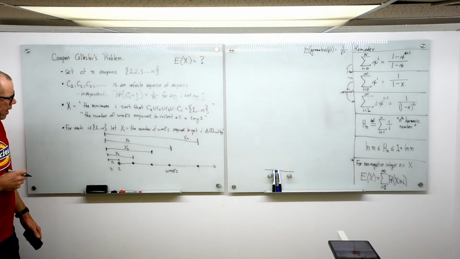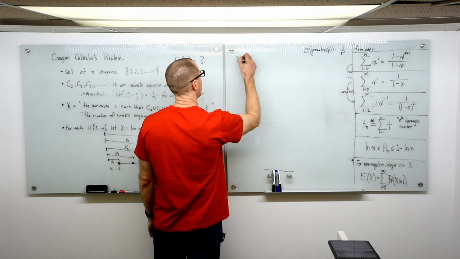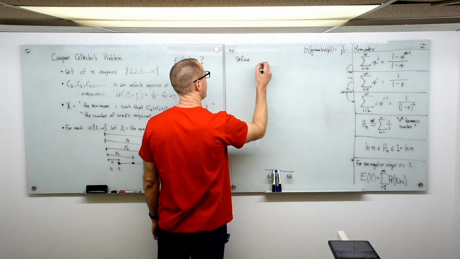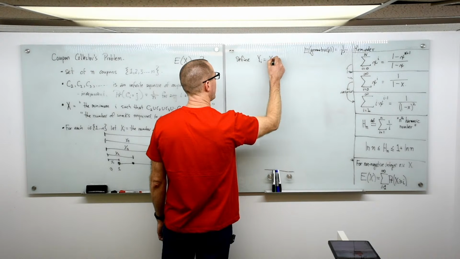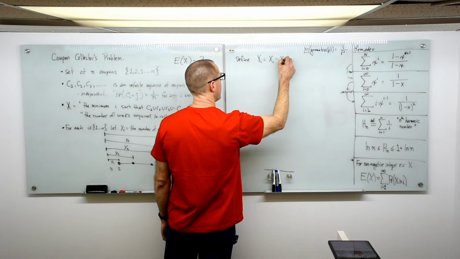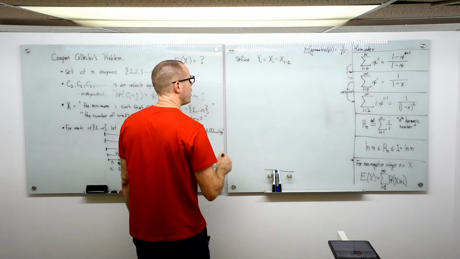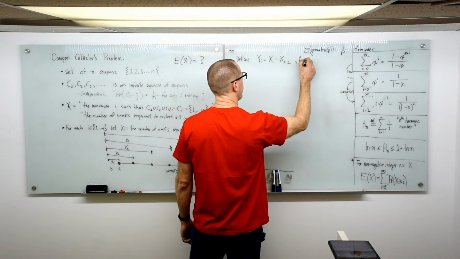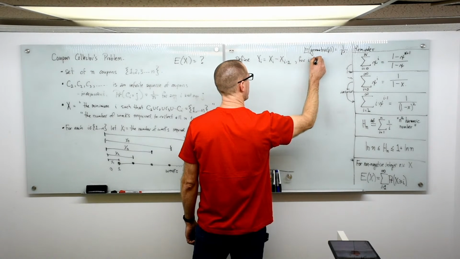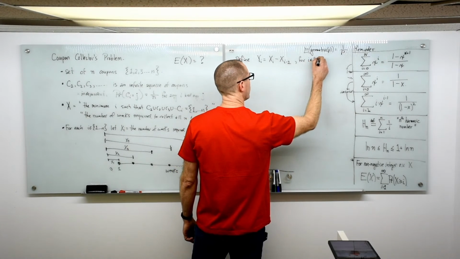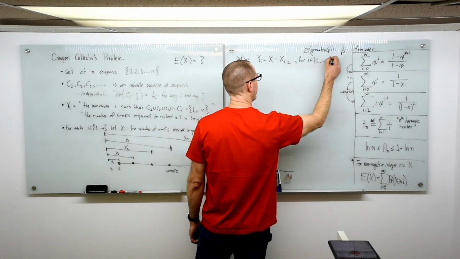Okay, let's define something else then. Define yi is equal to xi minus xi minus 1, for i in 1 up to n.